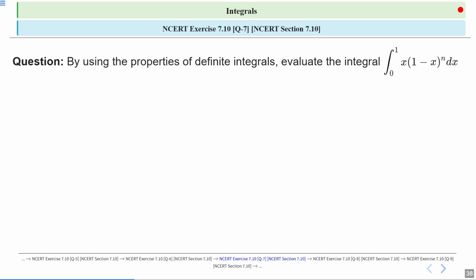Question number 7 is, now we need to evaluate the integral from 0 to 1 of x into (1 minus x) whole power n dx. To integrate this, we need to handle (1 minus x) whole power n. So just try.